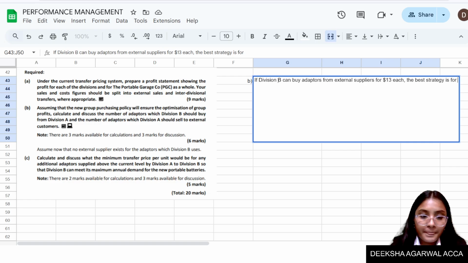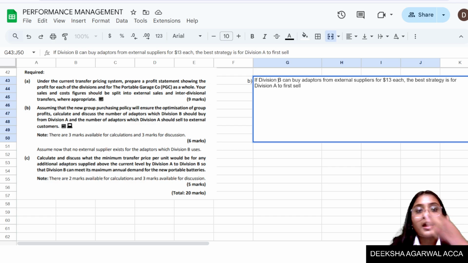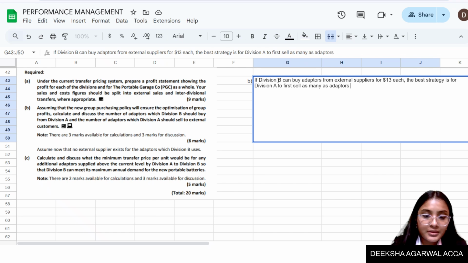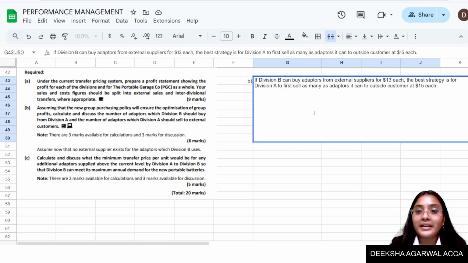It is for division A to first sell as many adapters as it can to outside customers at what price? At $15 each. That is what they can do.